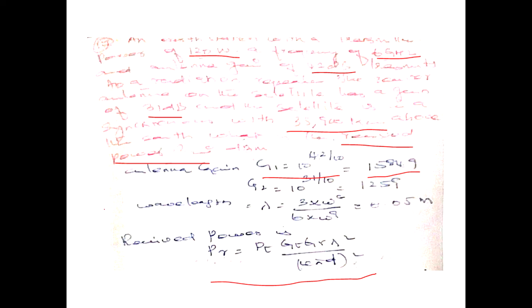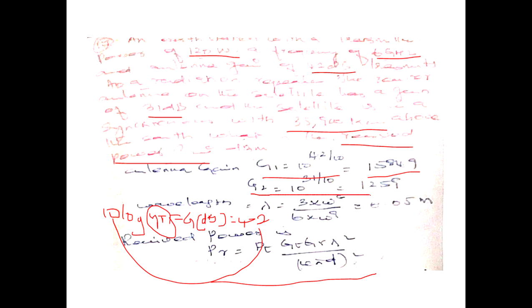You know the formula: G in dB equals 10 log G. It is given as 42 dB, so you first take 42 divided by 10, then take the anti-log to calculate the numerical value of GT. Similarly, you have to calculate the numerical value of the received gain also.